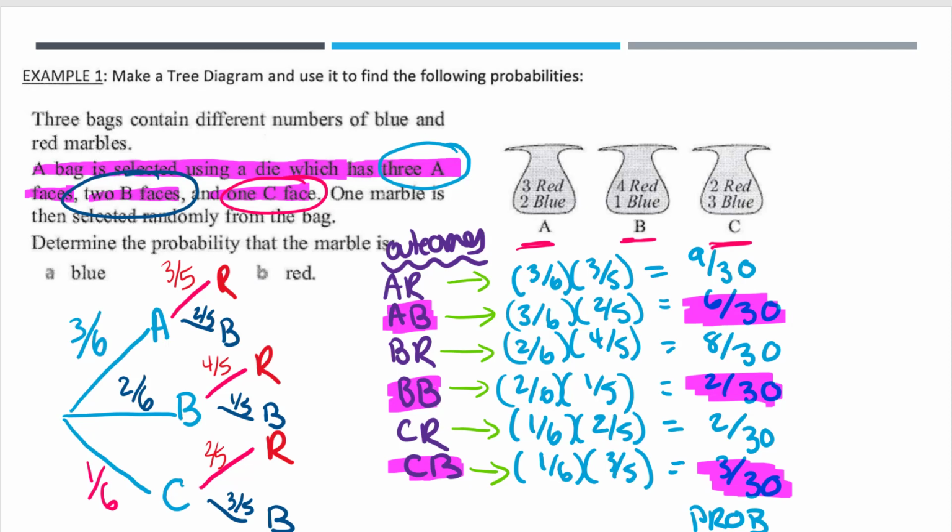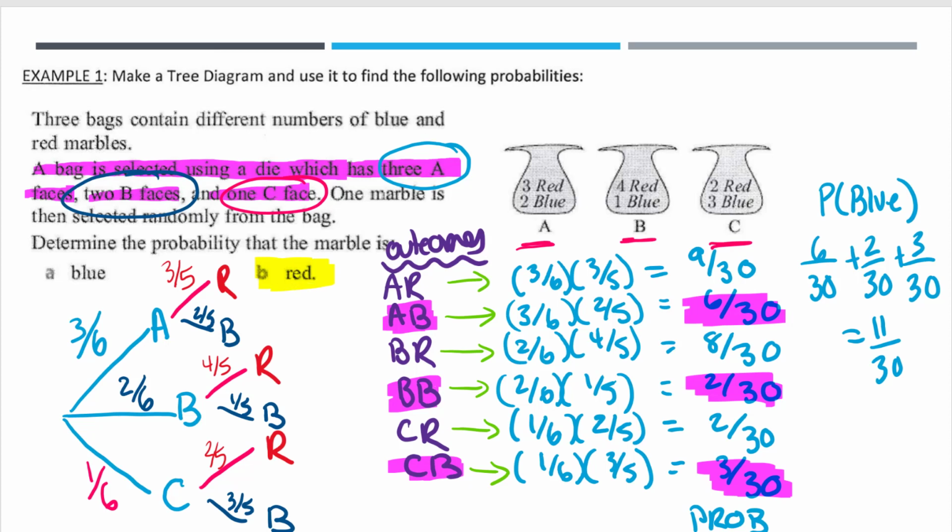So notice how I said that word or? That means that we're adding those probabilities together. So 6 out of 30 plus 2 out of 30 plus 3 out of 30. We add those all up and we get 11 out of 30. So that's the probability of blue.